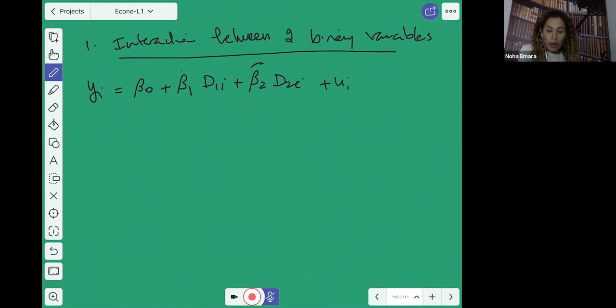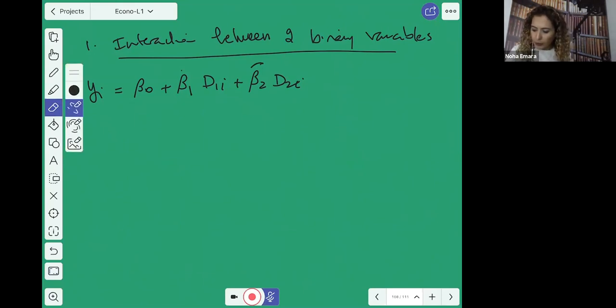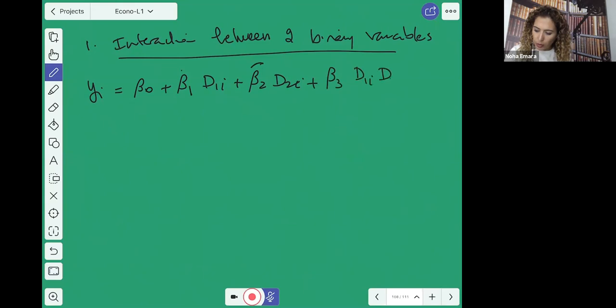Now, if I want to add an interaction term, then I would have to update this model by adding a multiplication of the 2. So plus beta 3 d1i multiplied times d2i plus ui. All right. So again, this is the interaction term, or the interacted regressor, it doesn't matter what you call it. Suppose D1 is a dummy, so it takes 1 or 0.